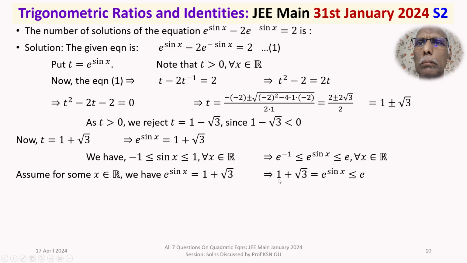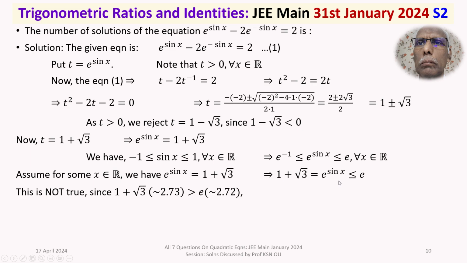Why? 1 plus root 3, the value is 2.73, and the value of e is approximately 2.72. So 2.73 being less than or equal to 2.72 is not possible. Therefore, there is no such x belongs to R such that e to the power of sin x is equal to 1 plus root 3.